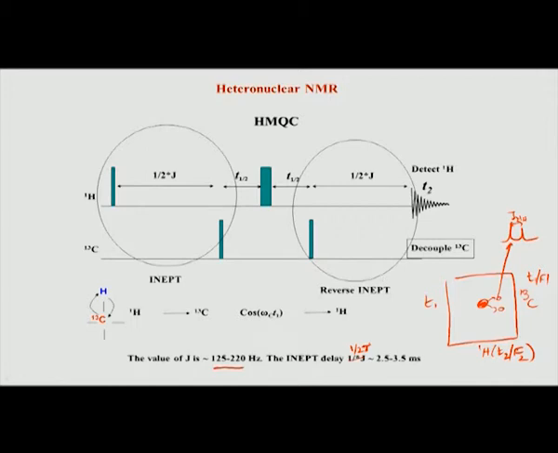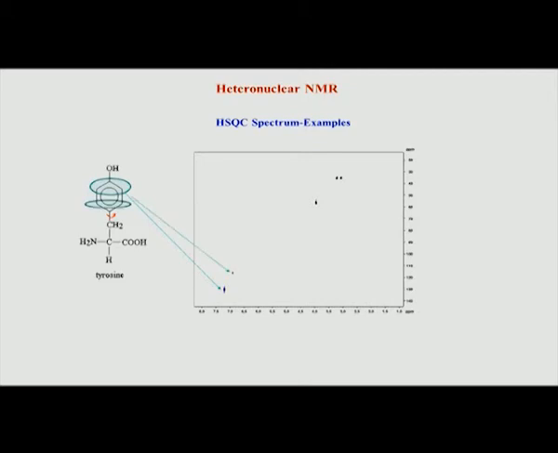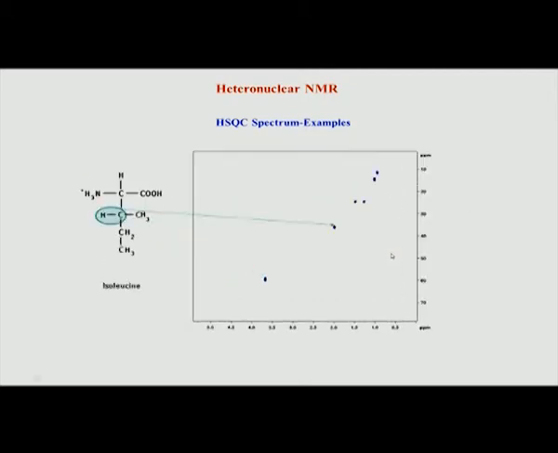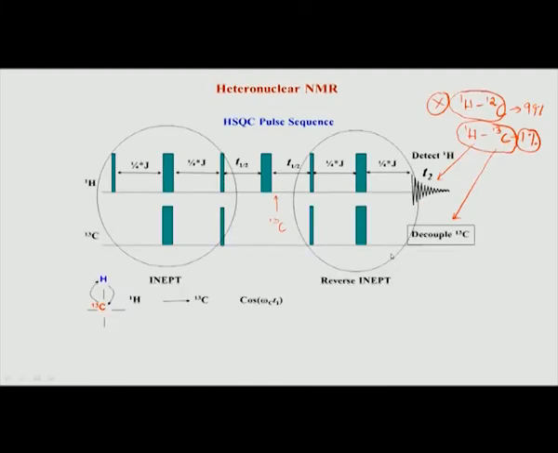And why does it not happen in the HSQC? Let us go back to HSQC. In HSQC you can see there is no splitting. The reason is that during this portion of the time, because of this 90-degree pulse, the proton goes to the z axis. Okay.